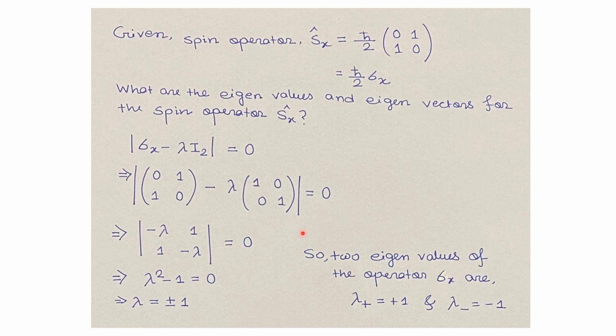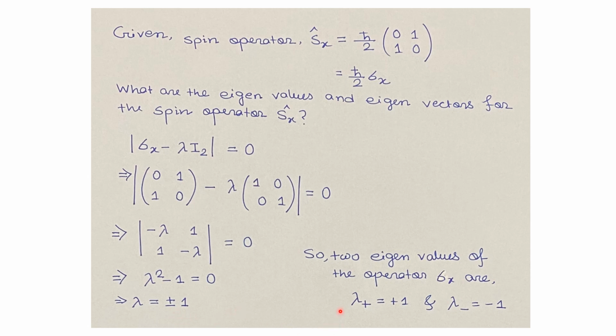So it will give the determinant of the matrix minus lambda, 1, 1, minus lambda equals 0. So we get lambda squared minus 1 equals 0, so lambda equals plus minus 1. Hence the eigenvalues for the Pauli matrix sigma x are plus minus 1.